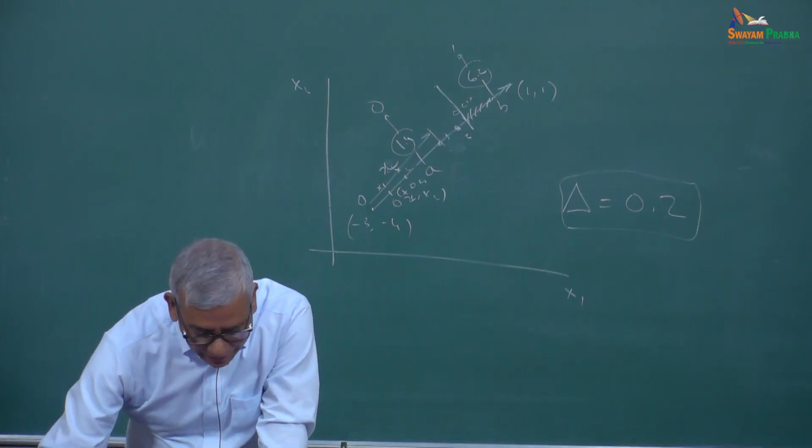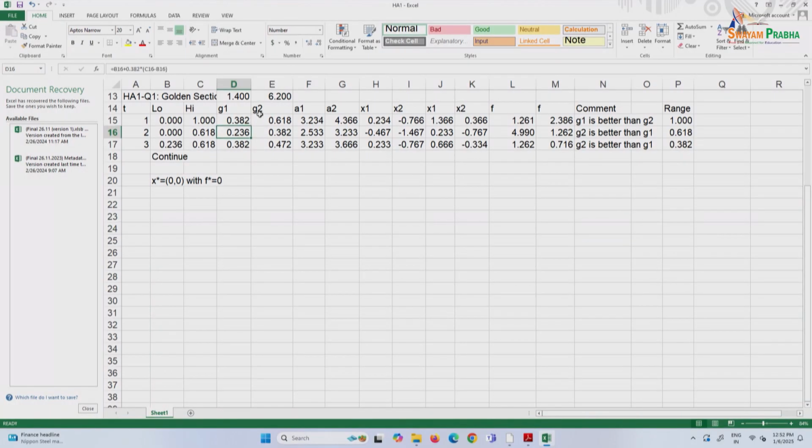I do that, and all these things I just copied from here, and the new point is found, 0.236, which is 38.2% from one end. And then this is the other one. You see there, one of them is always matching. One point from before is now the same, and also in the third iteration, one point is the same as in the second. One is always new, and you compute all of them, find which is better, and eliminate the remaining part.